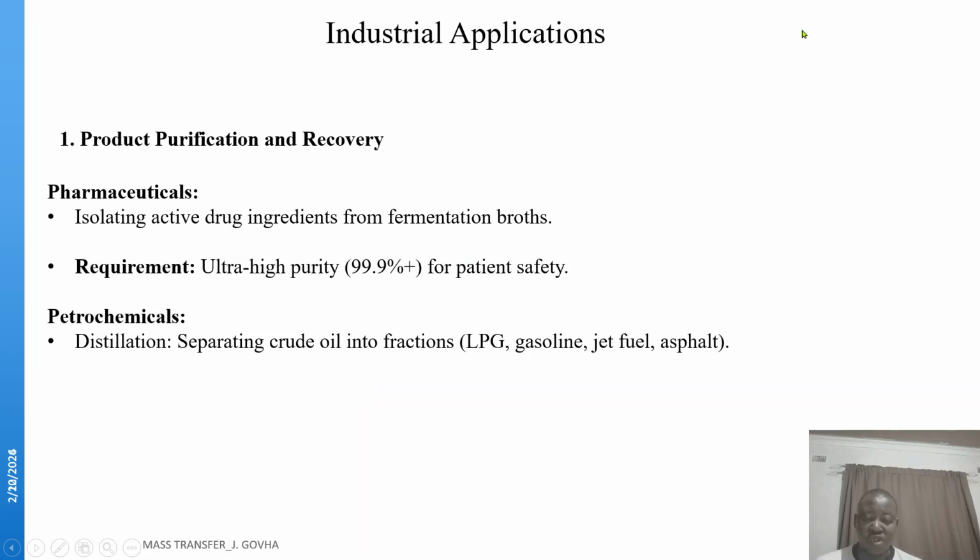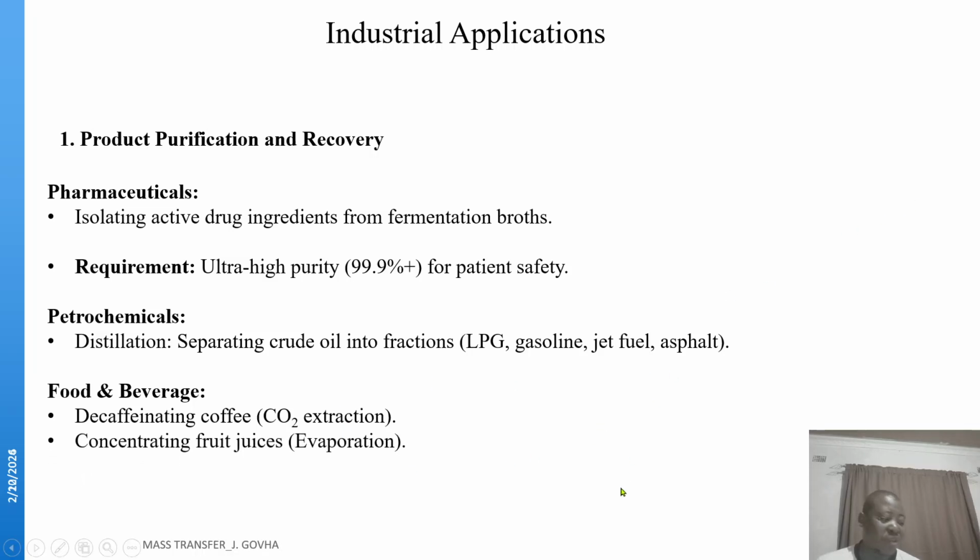Petrochemicals: you can think about crude oil separation into fractions, your LPG, gasoline, jet fuel, asphalt. Food and beverages: an example could be decaffeinating coffee, concentrating fruit juices, and making wines and spirits.